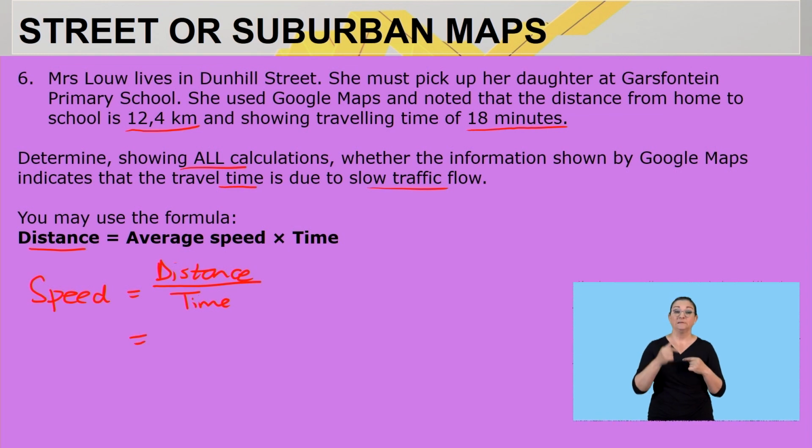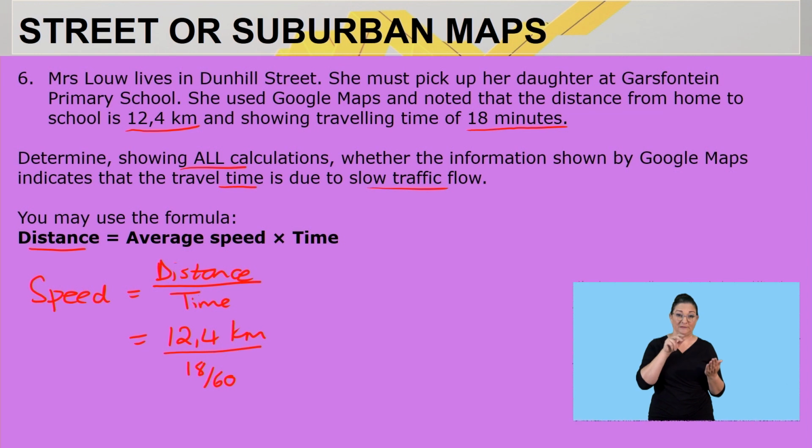What is the distance? It's 12,4 kilometers, right? And I must divide that by 18 minutes. So basically, I will divide that by 18 out of a possible 60 minutes. As guys, we know this time here in the formula wants time in hours, right? So therefore, and I want you to work with me on your calculator.